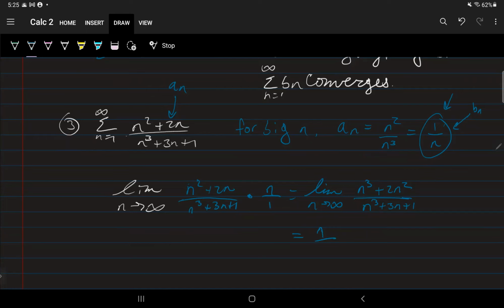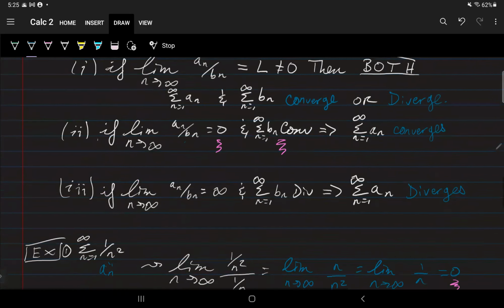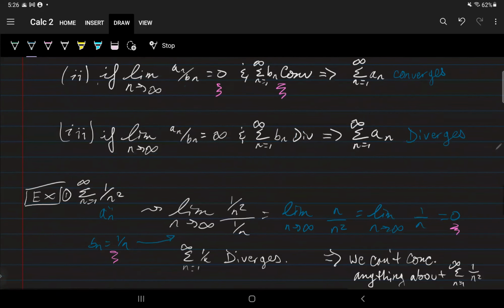Great. So we're in case 1 of the limit comparison test. We took the ratio and we said, oh look, the limit is L, and L is not 0. So 1, in our case, is playing the role of L. Then both of them converge or both of them diverge.